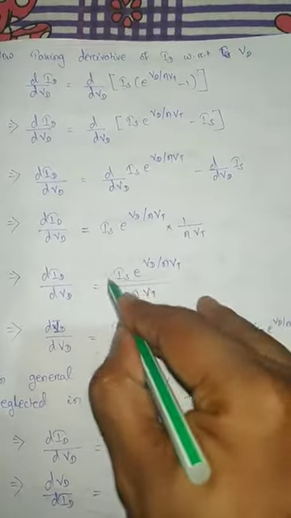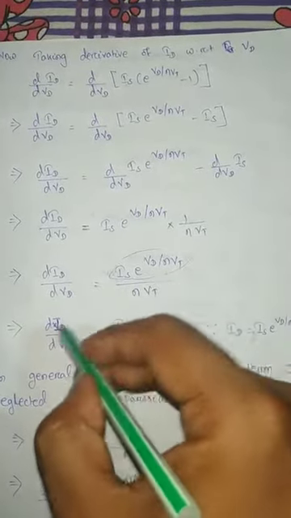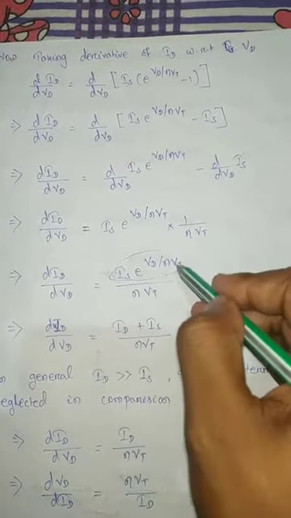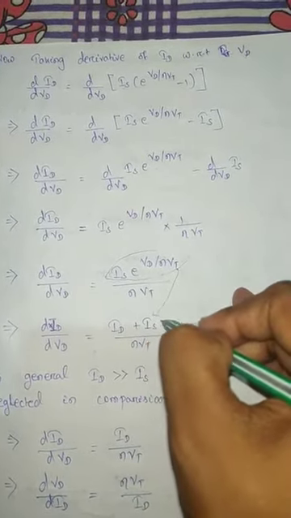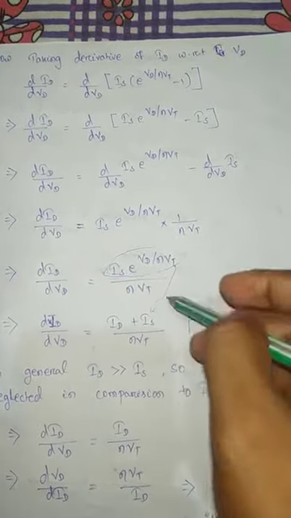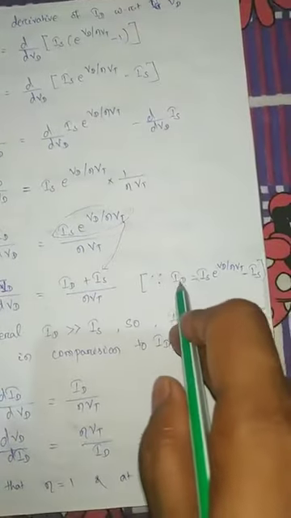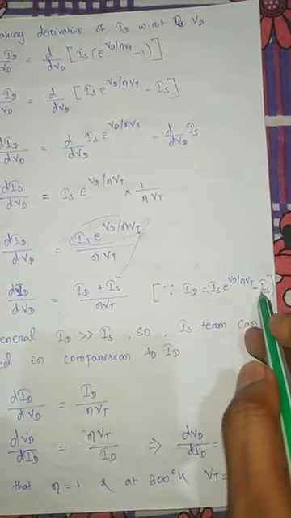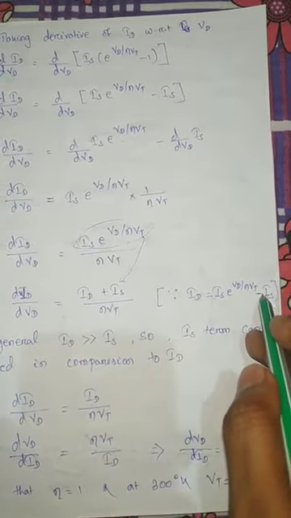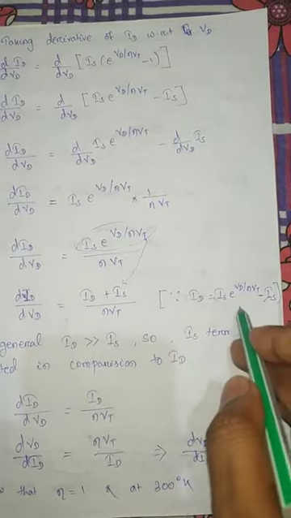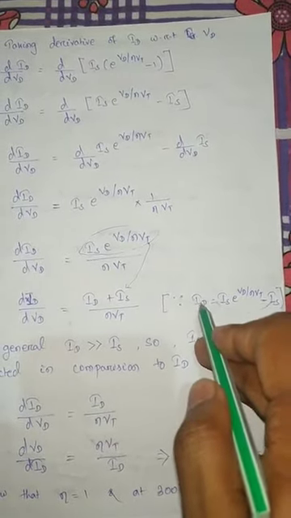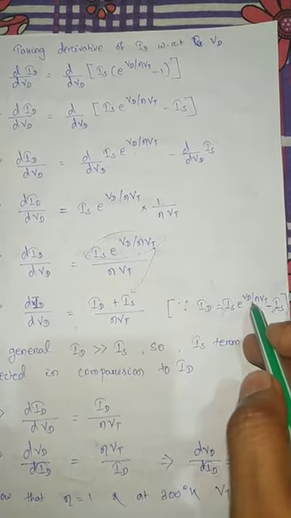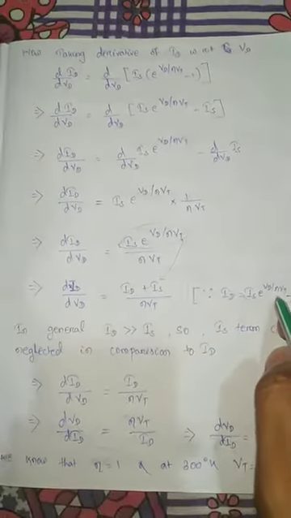This term can be written as dId/dVd equal to Id plus Is, divided by eta Vt. Why this? Because we know that Id equals Is e to the power Vd divided by eta Vt, minus 1, so Id plus Is equals Is e to the power Vd divided by eta Vt.